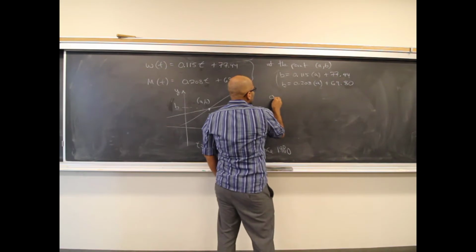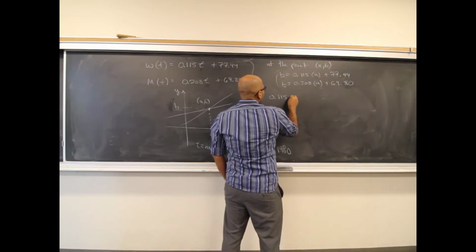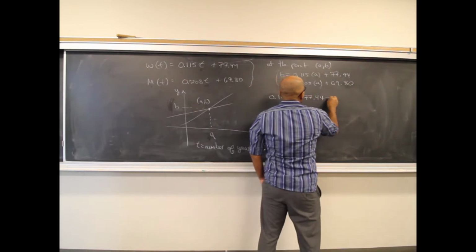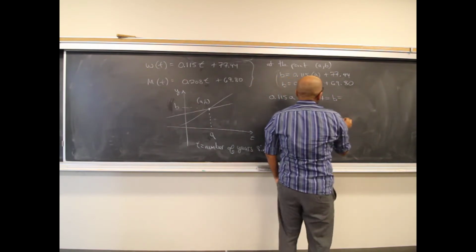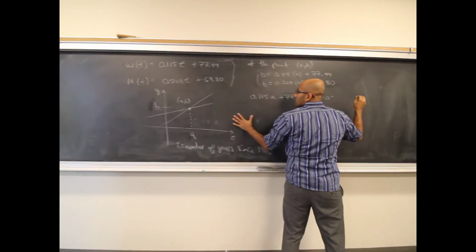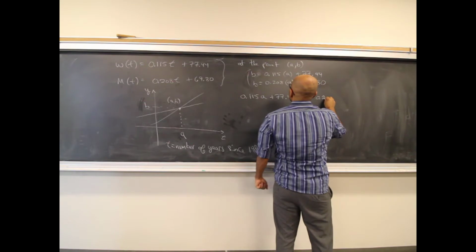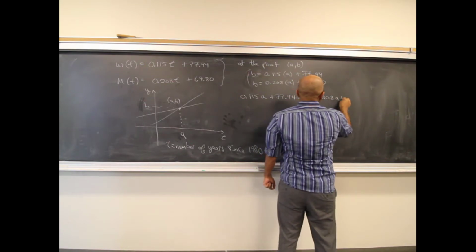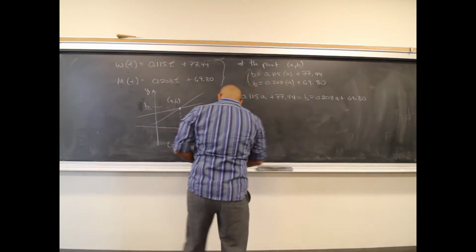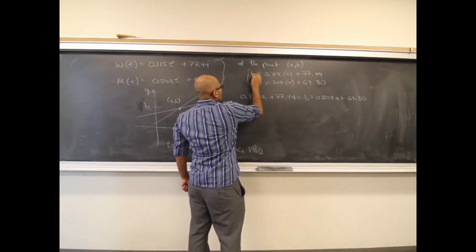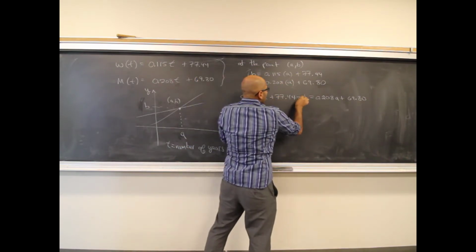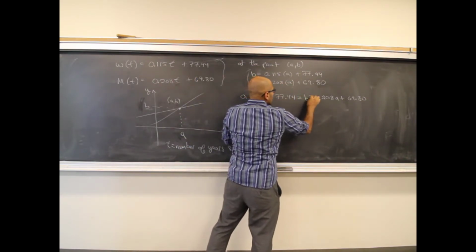So I'm going to put it this way. 0.115A plus 77.44 equals B, which B is also equal to 0.208A plus 69.80, right? So B is equal to that, and B is equal to that. So I just rewrote it this way, equals B, which equals B, right?